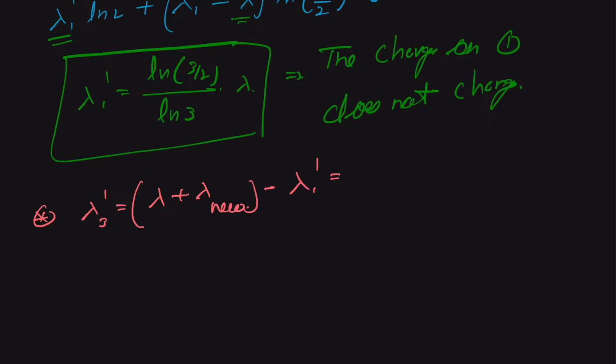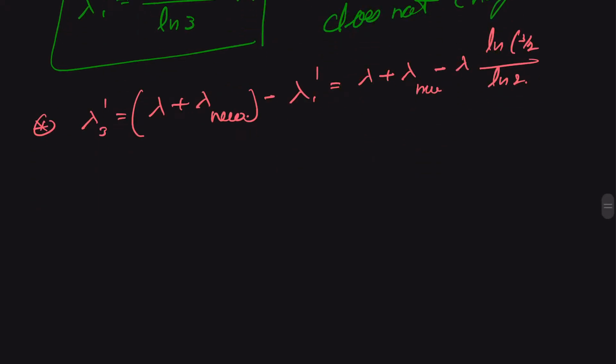So we substitute it, we get this as lambda plus lambda nu minus lambda, and this is natural log of 3 by 2 and natural log of 2. Therefore we get that our lambda 3 prime will be equal to our lambda nu, and we can just combine these two terms.